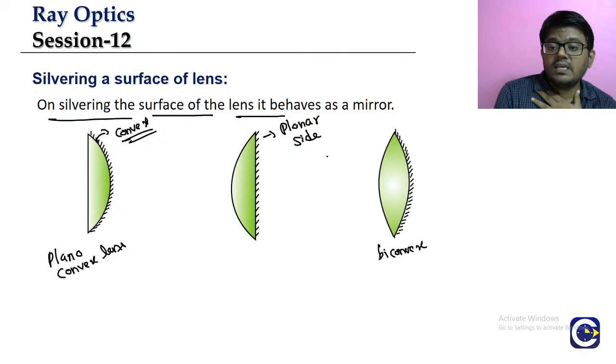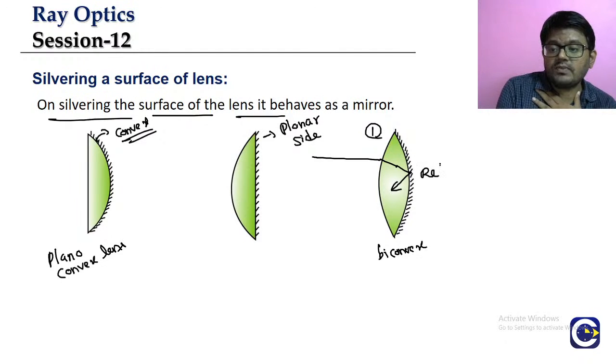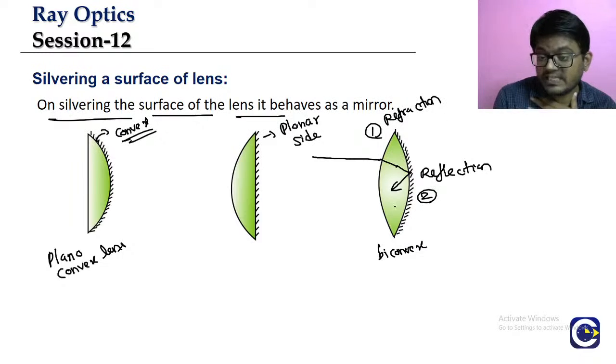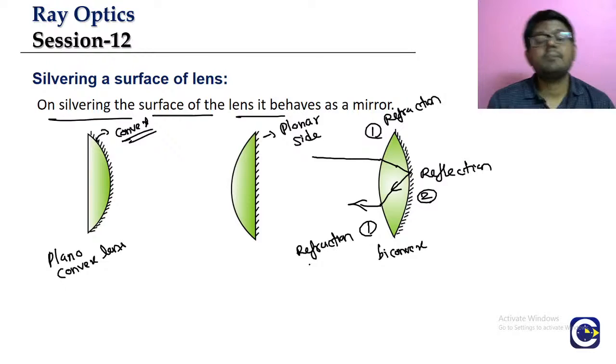Look at this. If the light rays are coming, they will get refracted at surface 1. Here they will undergo reflection. So first refraction, second surface reflection, then they will again undergo refraction. So what is happening here?